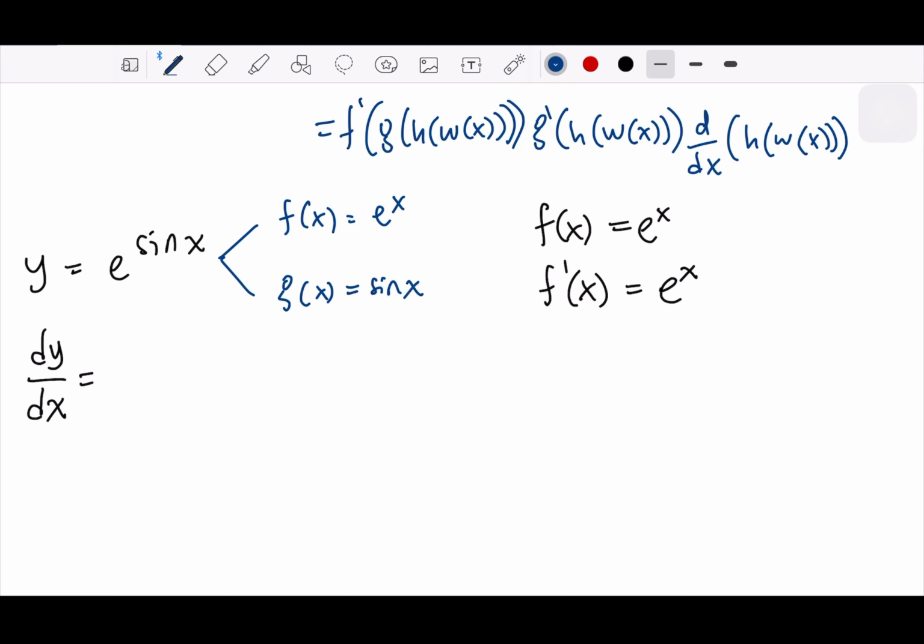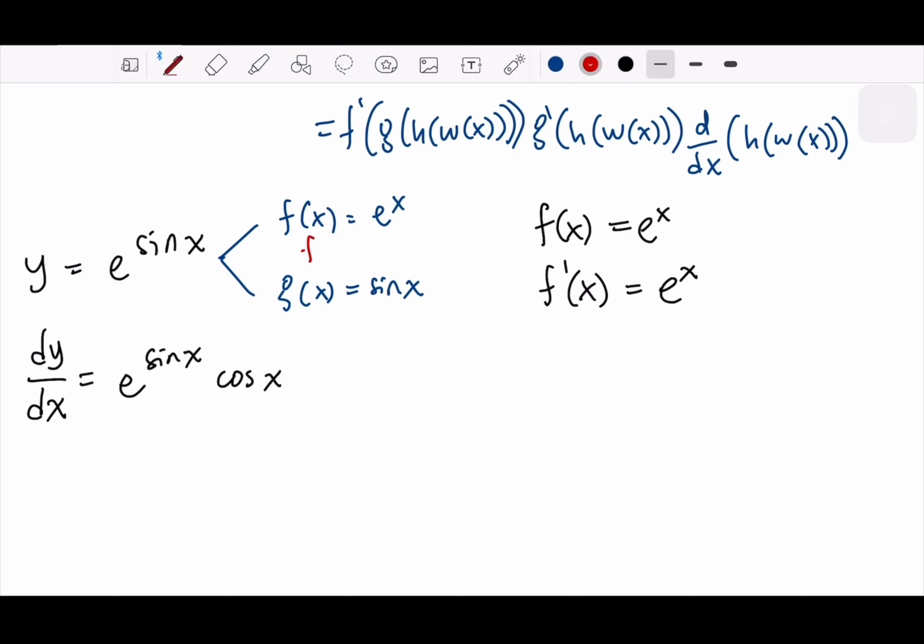If you're still not sure on the chain rule, you can take time and look at the compositions. But if you feel confident, you can directly differentiate. If you're already familiar, this becomes e to the sine x and then cos x.